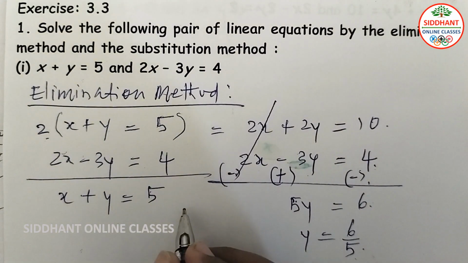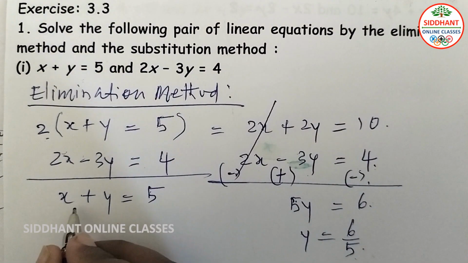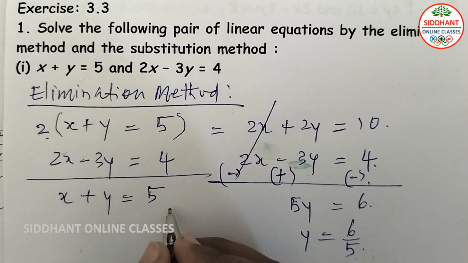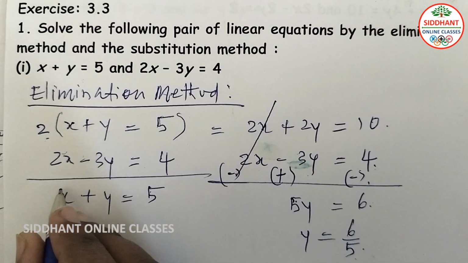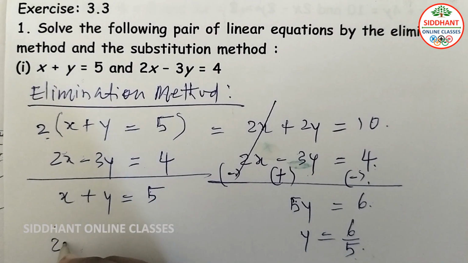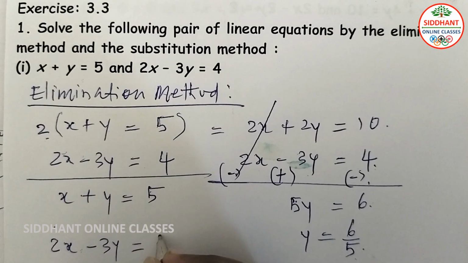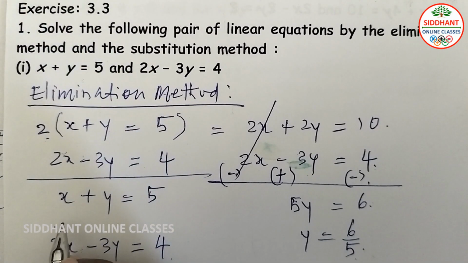Now we are going to find the x value. The first equation is x plus y equal to 5. Then we see the second equation, which is 2x minus 3y equal to 4. Now we are going to multiply with 3 in order to cancel the y variable.